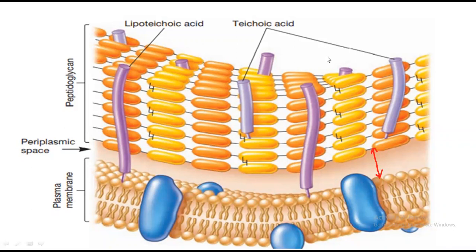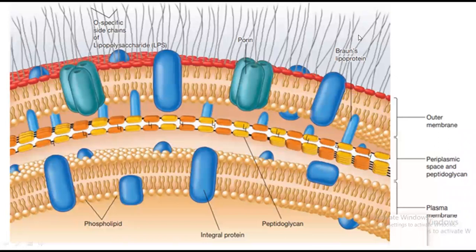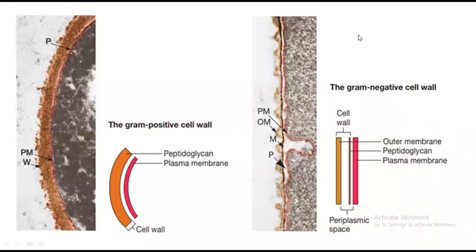Okay, so this was the peptidoglycan layer in gram-positive and gram-negative bacteria. If I show you the microscopic image, in the gram-positive cell wall, this is the peptidoglycan layer, the thick layer. After that, this pink color is the plasma membrane, and this is the electron microscope image.